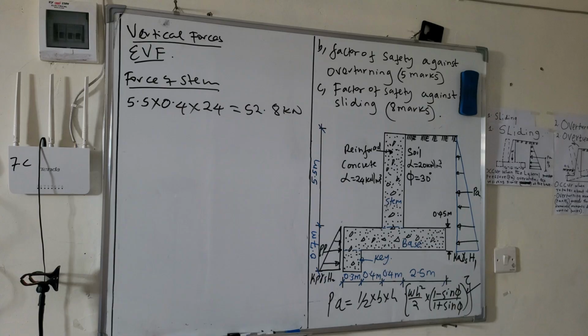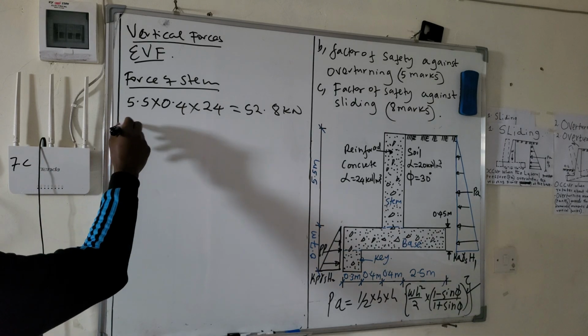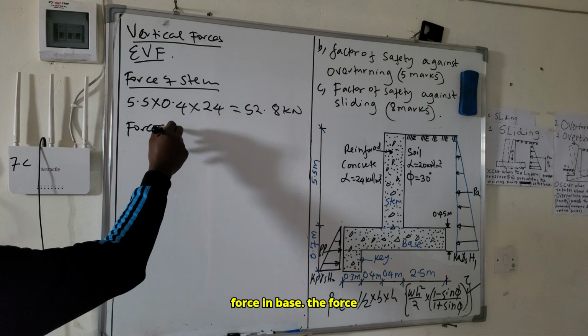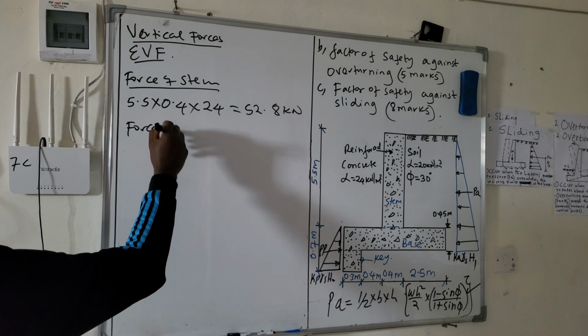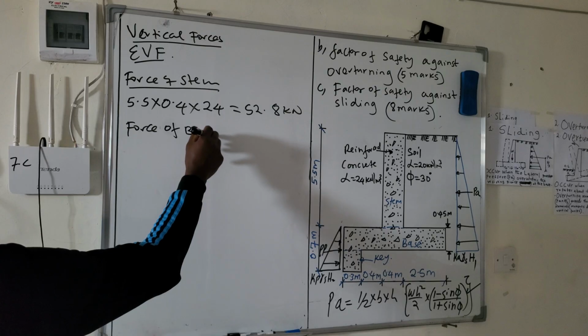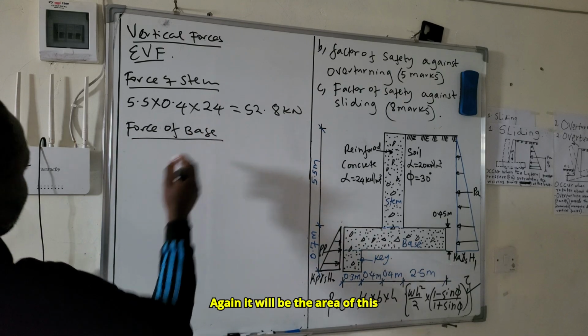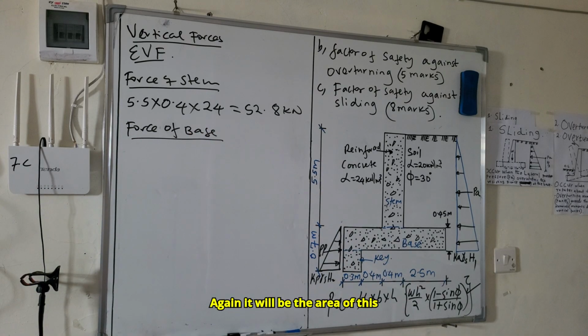We go to the force of the base. Again, it will be the area of this base times the unit weight of the concrete.